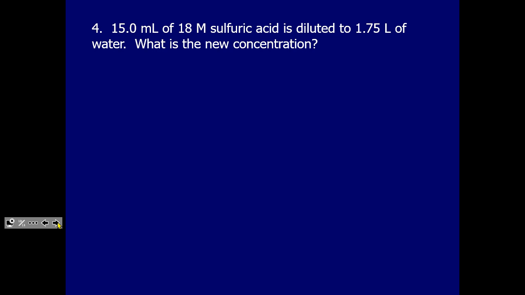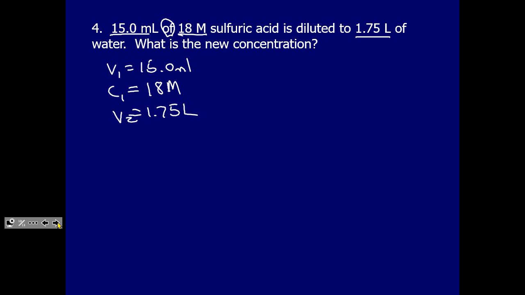Again, 15 and 18 go together, and we're looking for the C2. Again, I would go V1, 15 milliliters, C1, 18, 2 digits. That's a V2, 1.75 liters. I'll convert that in a second. C2 equals.